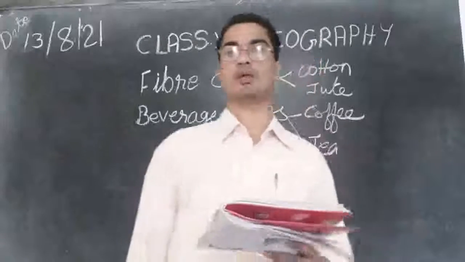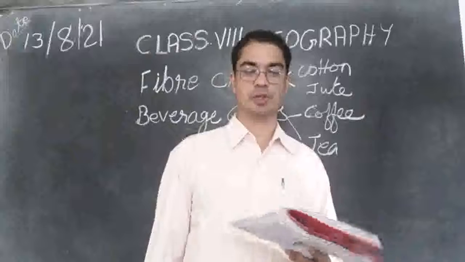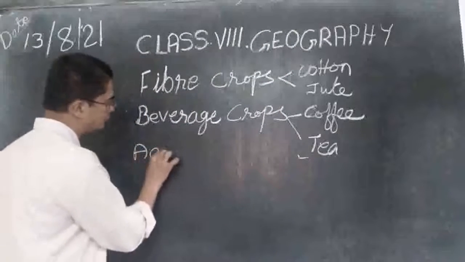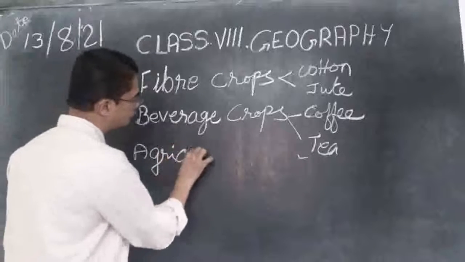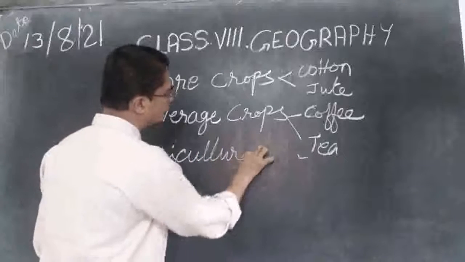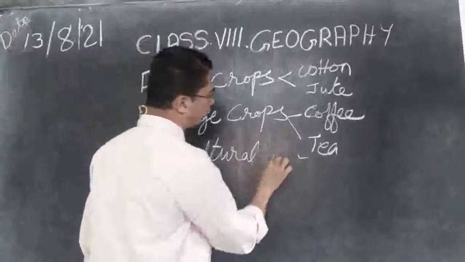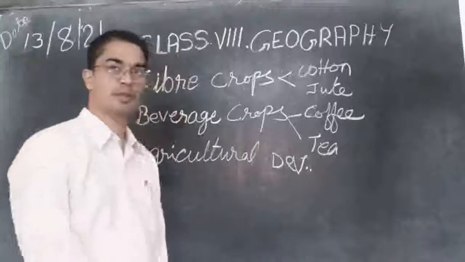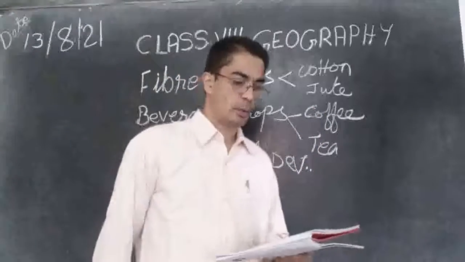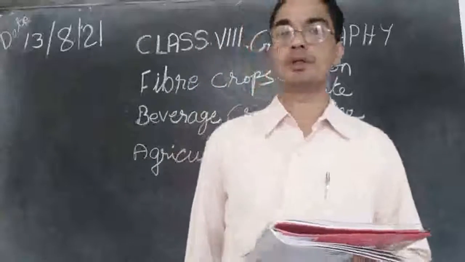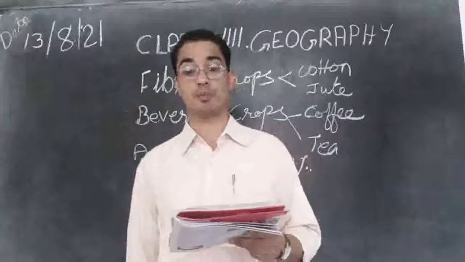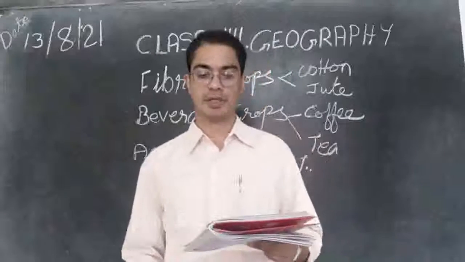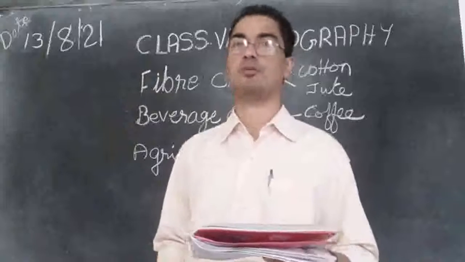Now let us come to know about another topic, that is agricultural development. Agricultural development refers to efforts made to increase the farm production in order to meet the growing demand of increasing population.